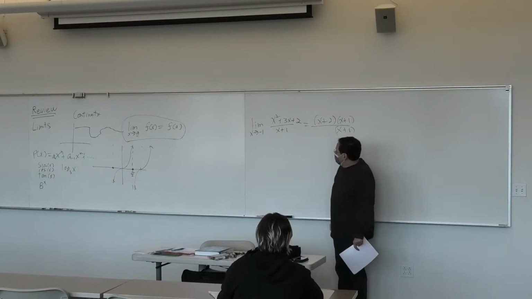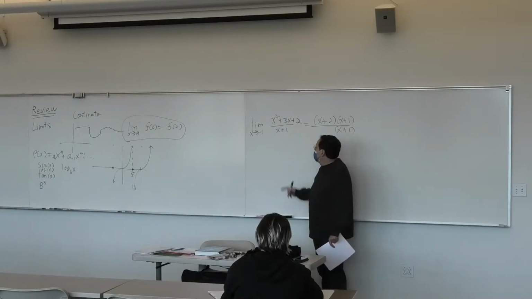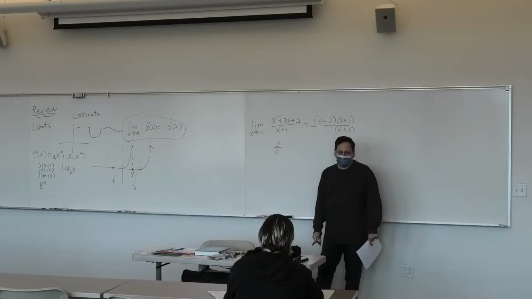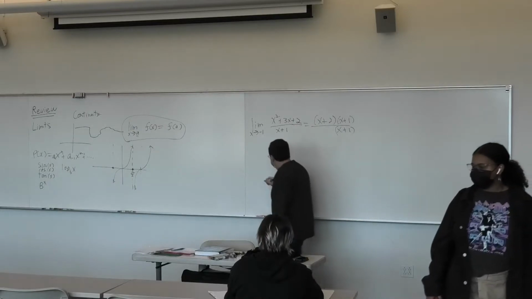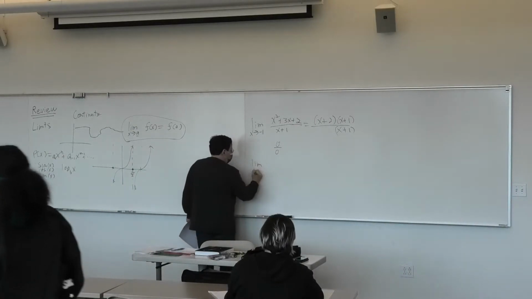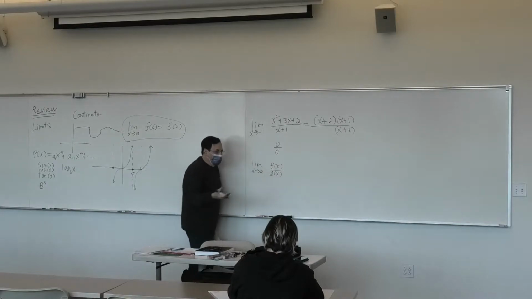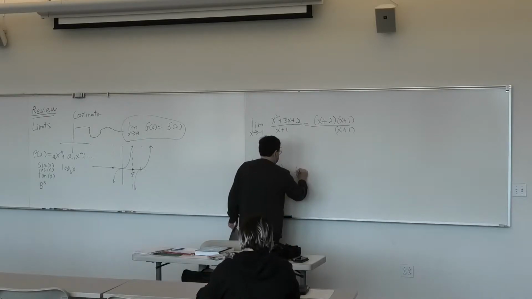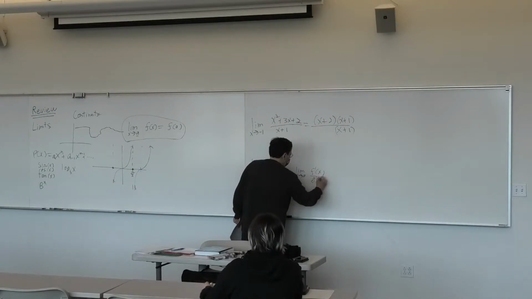The other strategy is if we're heading towards an indeterminate form, like here, 0 over 0, we can apply L'Hopital's rule. L'Hopital's rule says if we have a limit as x approaches a of f of x over g of x, and f of x over g of x approaches some indeterminate form, then this will be equal to the limit as x approaches a of f prime of x over g prime of x.